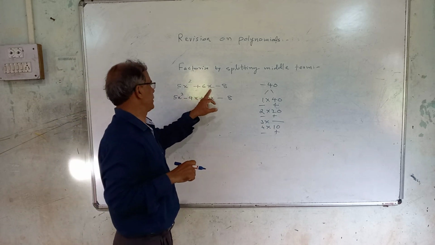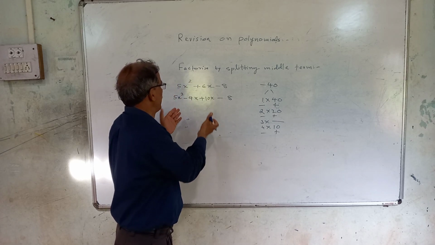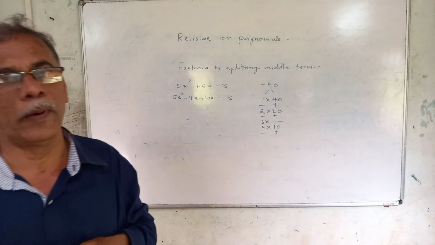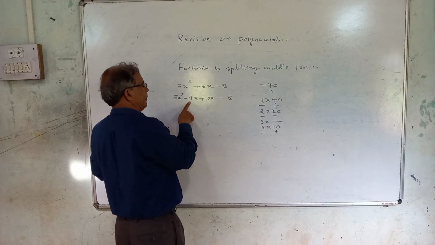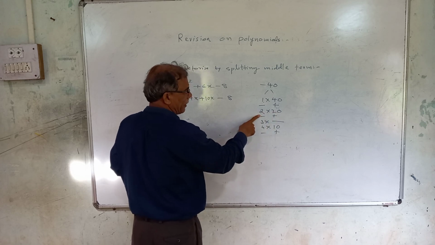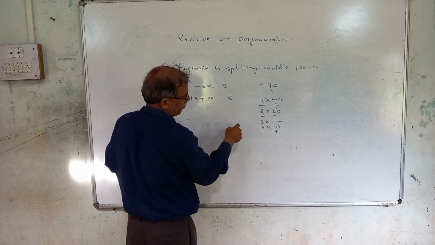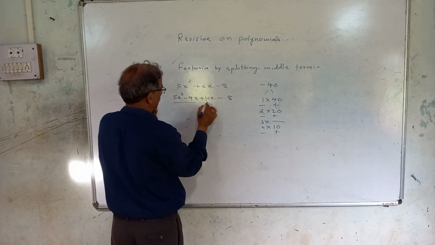So this plus 6x, we have split into two parts so that the addition will again be 6x. We have divided them into two parts in such a way that the product is minus 40 and the addition is 6. Here also the product is minus 40, but the addition does not work out to 6. So these other pairs do not work, only this one will work. Okay.